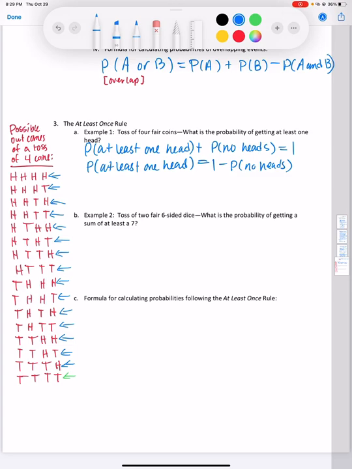Now, how can I calculate the probability of no heads? Well, the toss of 4 fair coins is the same if you toss them all at once or one at a time.